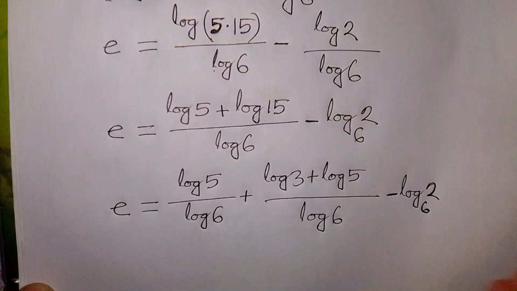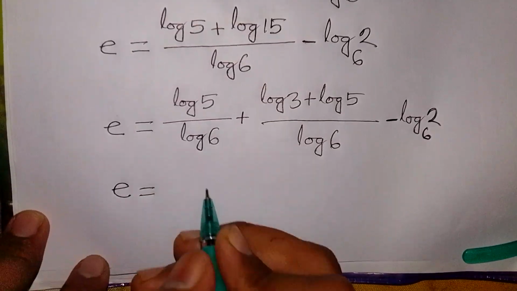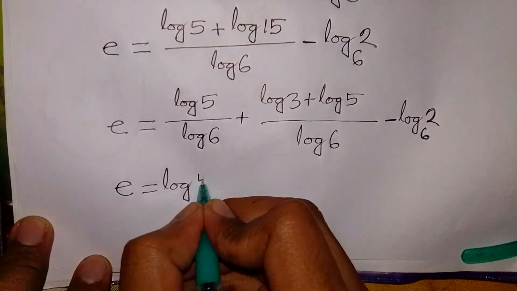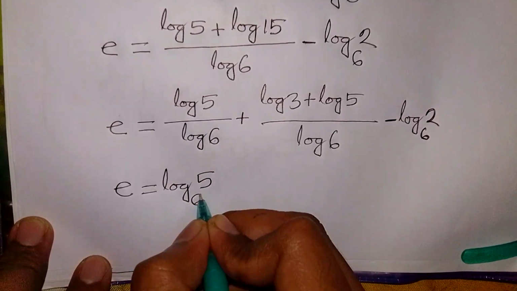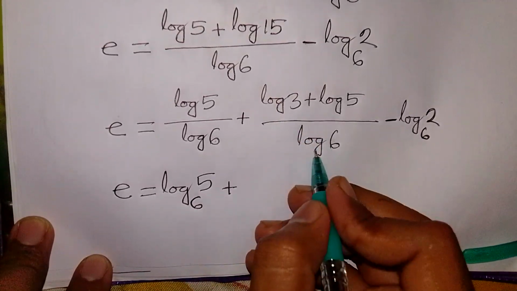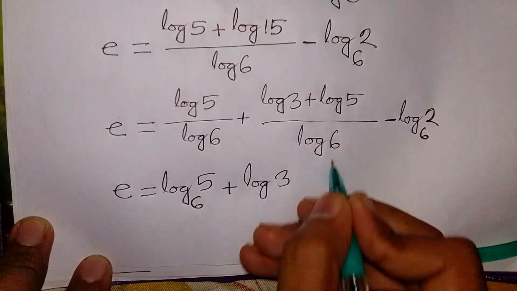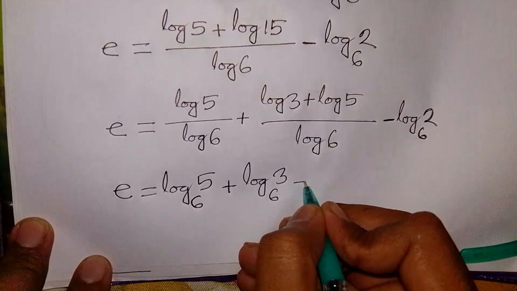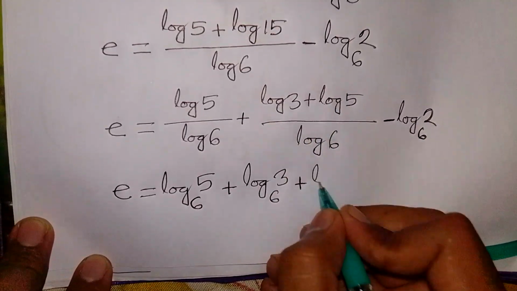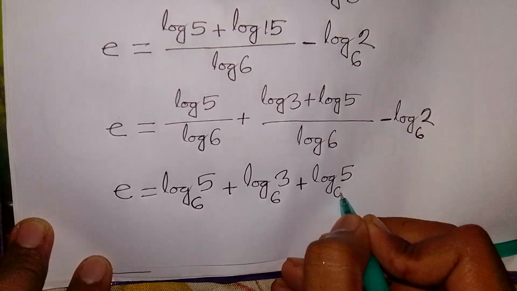Now we have a is equal to log 5 over log 6, which is the same as log 5 base 6, plus log 3 over log 6, which is the same as log 3 base 6. Then here plus log 5 over log 6, which is the same as log 5 base 6.